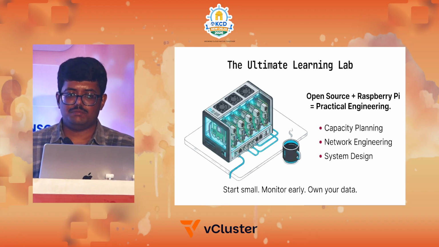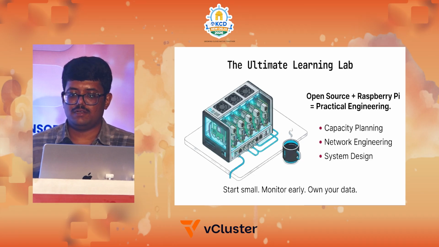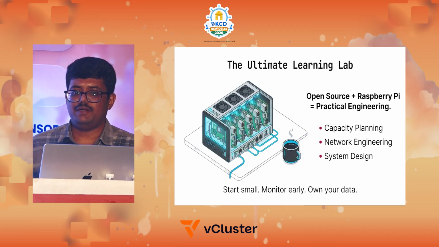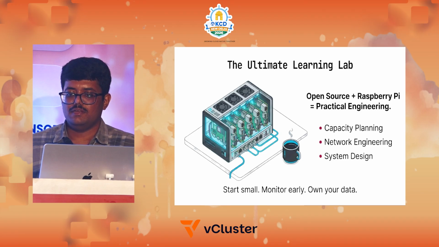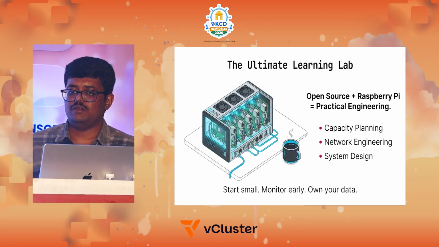So here are a few key takeaways from this session. Raspberry Pi as your own lab environment gives you the best amount of practical engineering, and deploying open source software is also something you get to learn about.